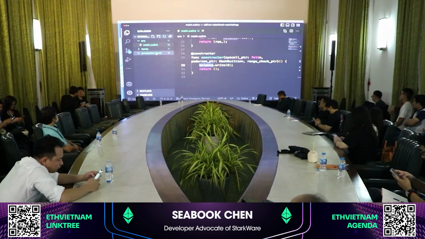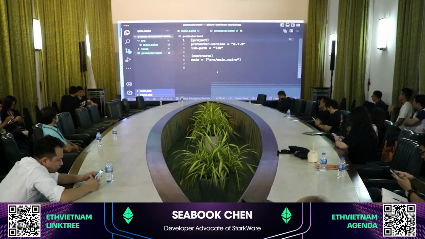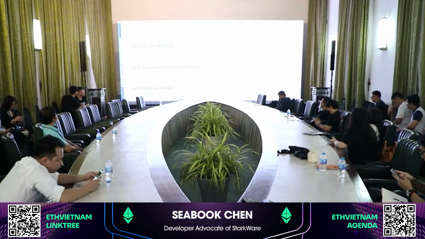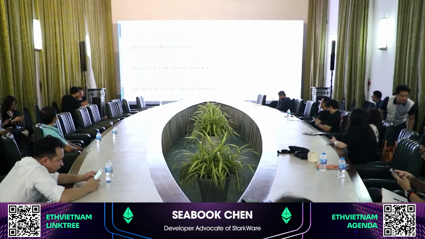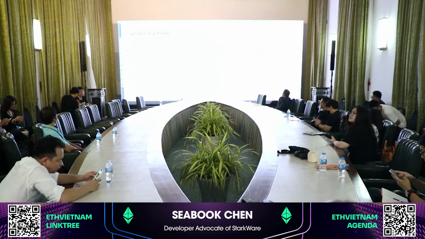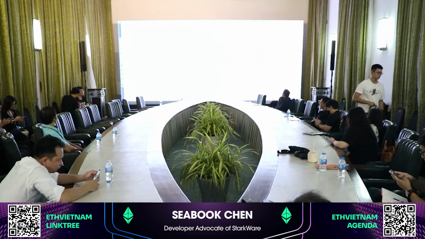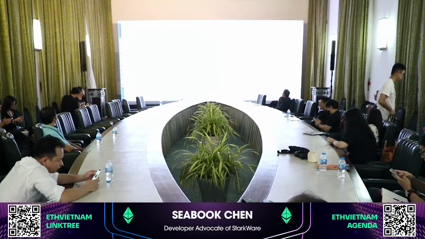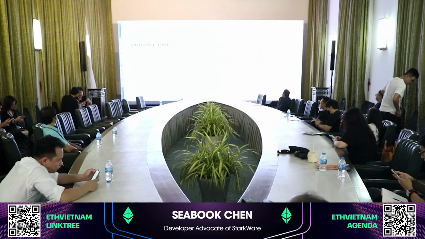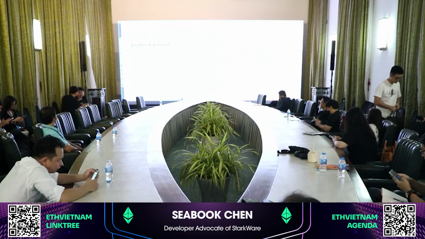Okay, now let's do this in action, right? How do we deploy this into our StarkNet? First, we need to configure the Protostar project. So Protostar projects use this TOML configuration file. I already prepared this for you.